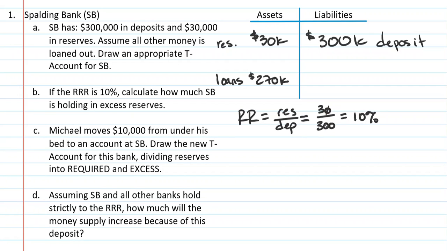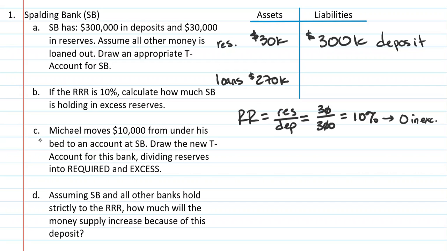Take out those zeros. 3 over 30 is 10%. So if they are required to hold 10% and they have 10%, we can say that they have 0 in excess at this time. In other words, they are loaning out every dollar that they have available to loan in this moment.